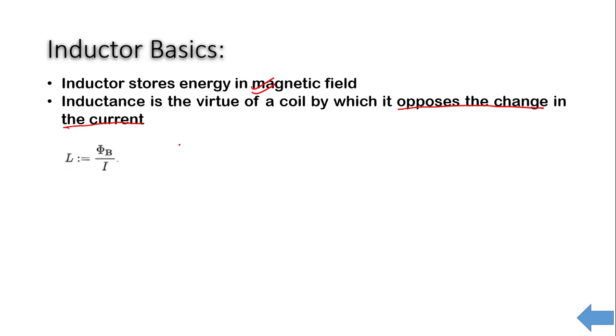And the formula for inductor, L is equal to flux linkages divided by current. And this is a very famous equation we know as Faraday's law. In Faraday's law, the induced voltage E is equal to differentiation of flux linkages with respect to time, and this minus sign comes because of Lenz's law.